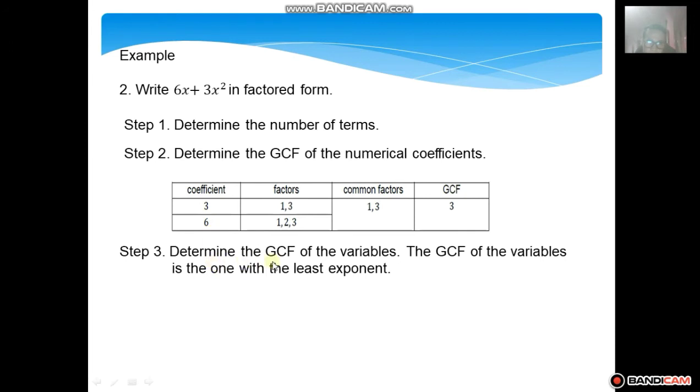Step number 3, determine the GCF of the variables. The GCF of the variables is the one with the least exponent. We have x and x squared, so we will choose the variable with the least exponent, and that is x. This is the GCF of the variables.